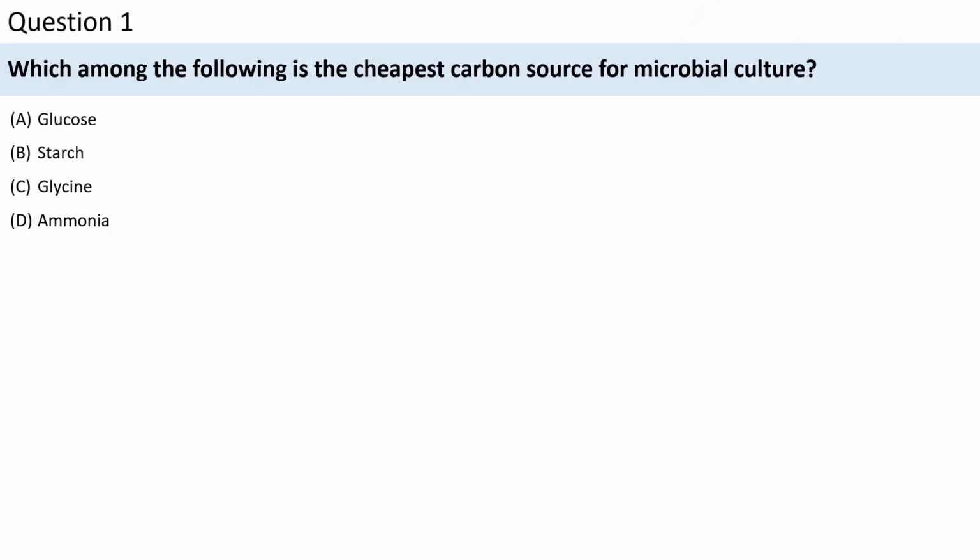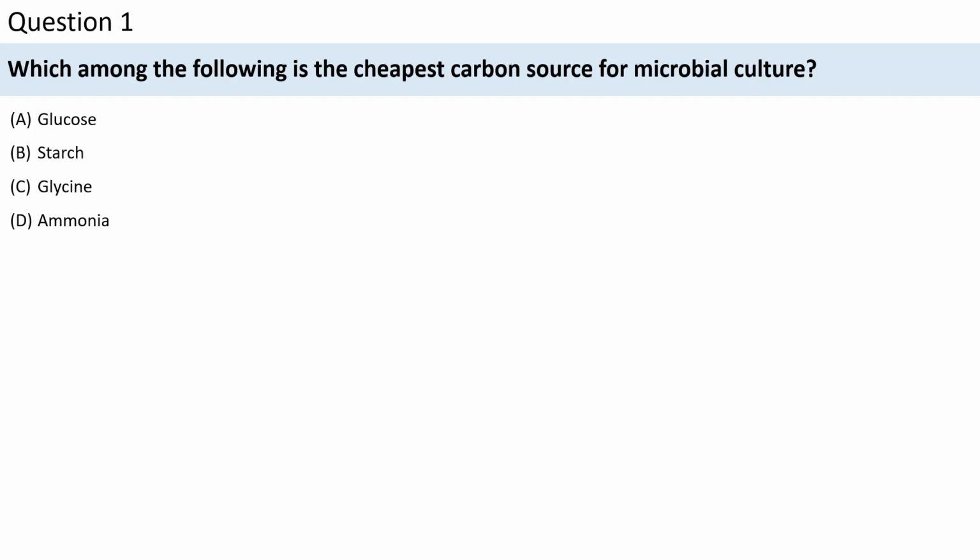Which among the following is the cheapest carbon source for microbial culture? Glucose, starch, ammonia, and glycine. Out of these, glycine is an amino acid, ammonia is a nitrogen source, and out of glucose and starch, starch is much more available in nature.